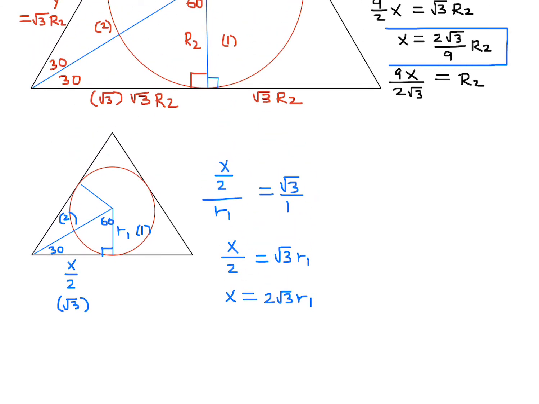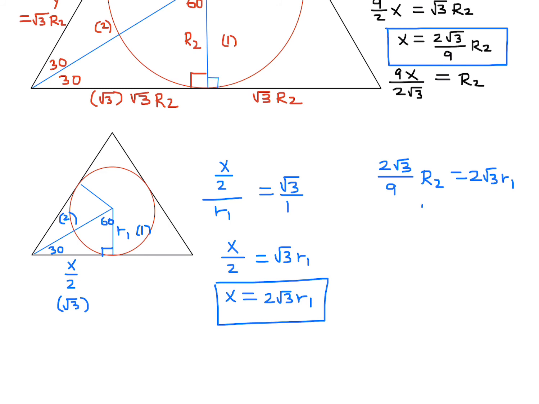We have a relationship for x here, and we have a relationship for x here. So we can set them equal to each other. 2 root 3 over 9 R2 is the same as 2 root 3 R1. So now the 2 root 3's cancel, so all I'm left with is just R2 over 9 is equal to R1.